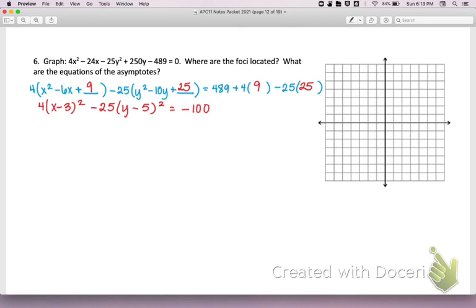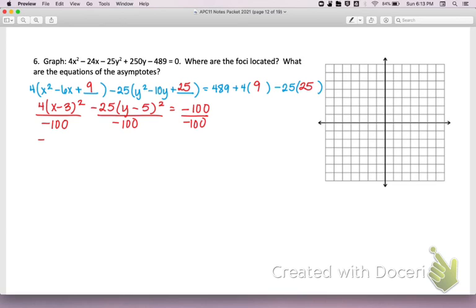Okay, this one is a little bit of a trick because it looks right now like it's going to be a horizontal. But notice that this is equal to negative 100, and we need it to be equal to positive 1. When we divide by a negative, that's actually going to flip our signs.